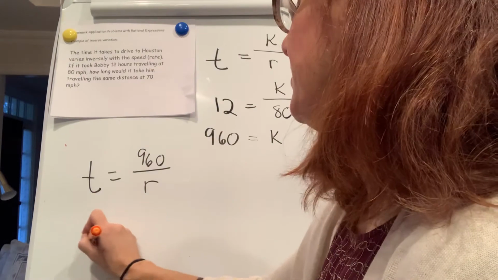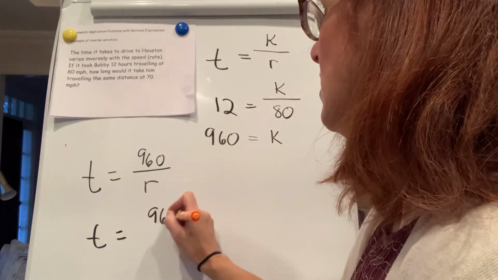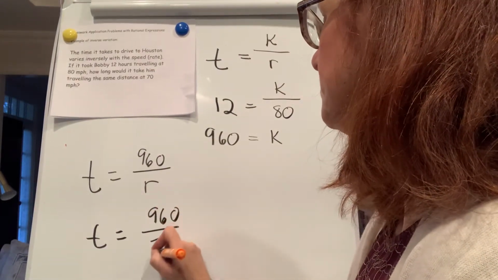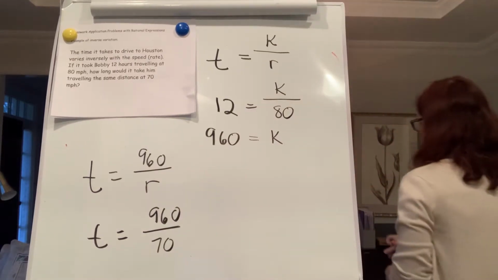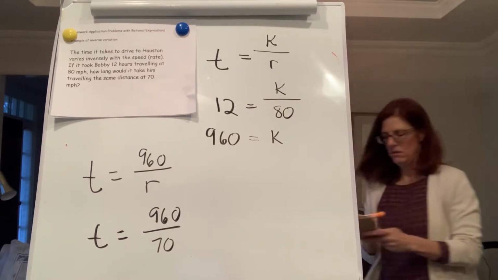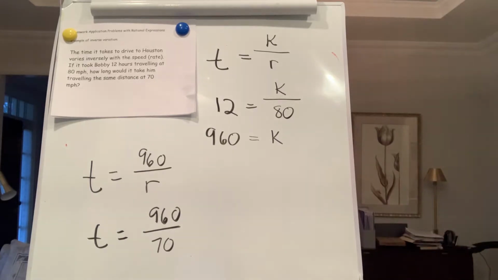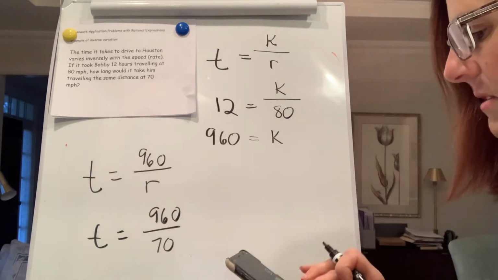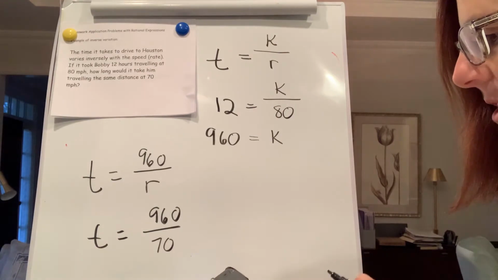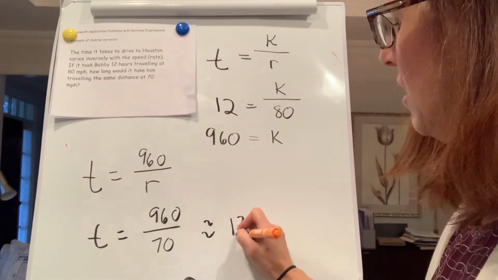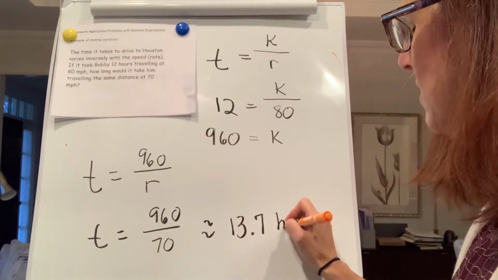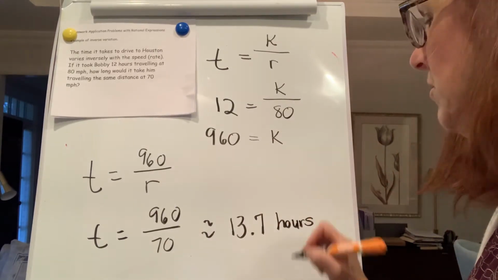So now I need to fill in the rate of 70. If I get my calculator and divide, I get 960 divided by 70. I'm going to round here to 13.7 hours.